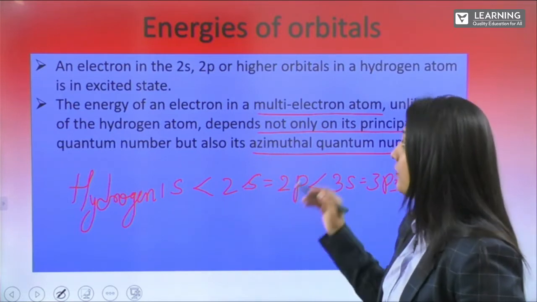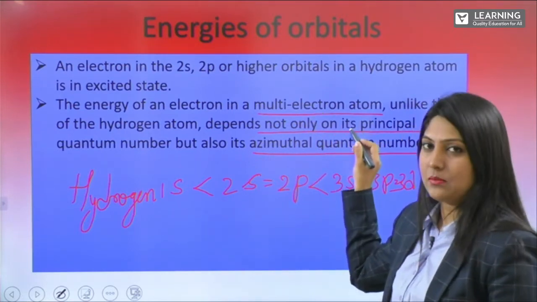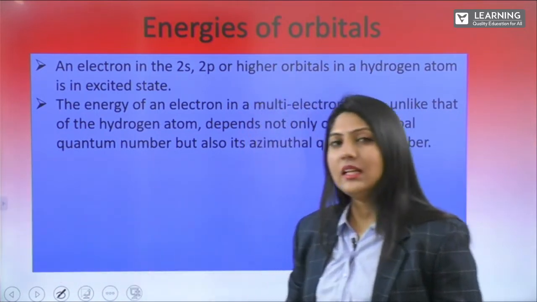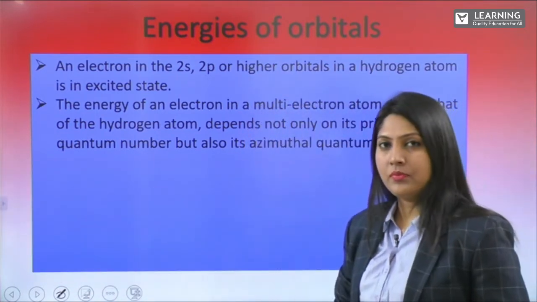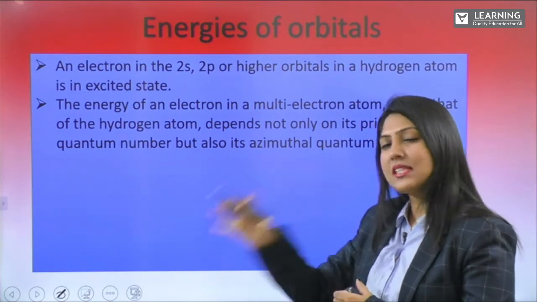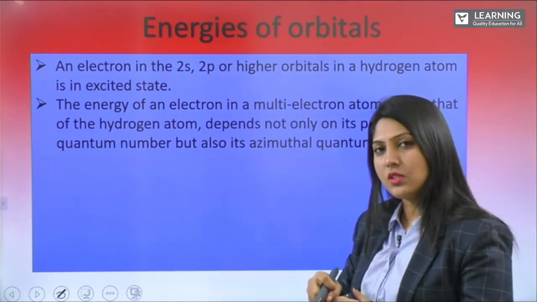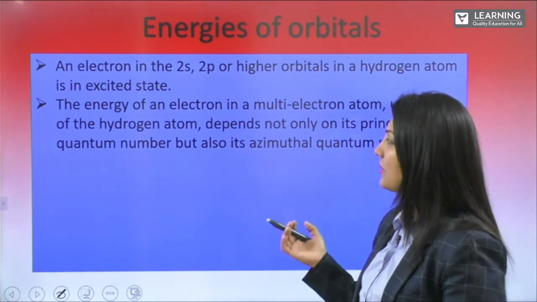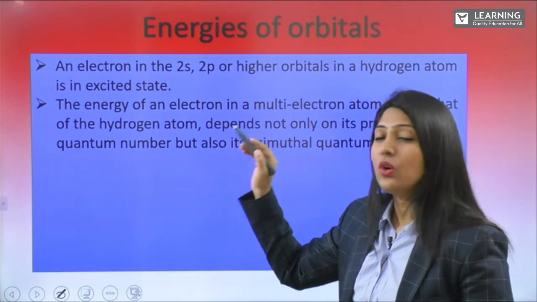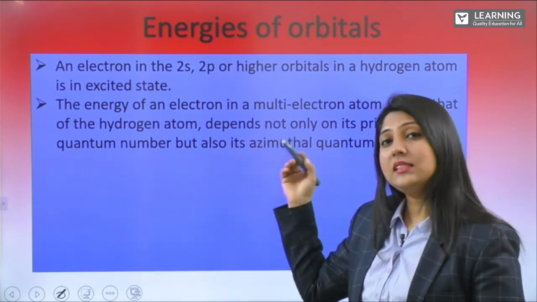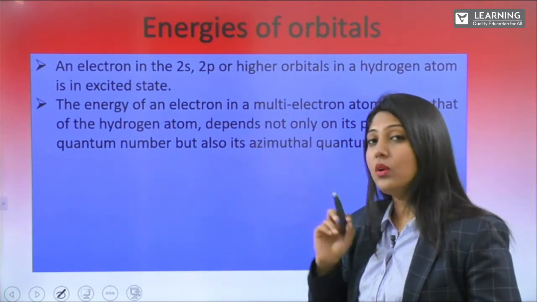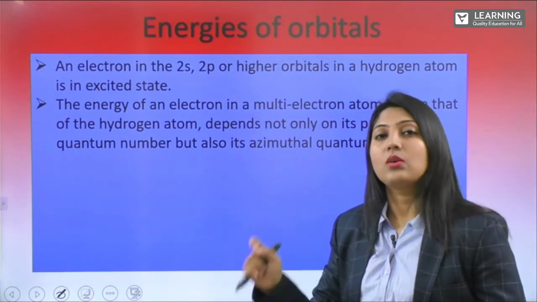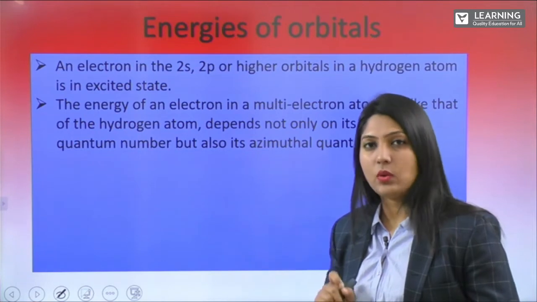But if you have multi-electron atoms, like carbon and more, then the crowd will be more. The nucleus cannot have the same attraction towards the first orbit and the higher orbits. So the difference here is that the energy of an electron in a multi-electron atom depends not only on the principal quantum number, but also on the azimuthal quantum number.